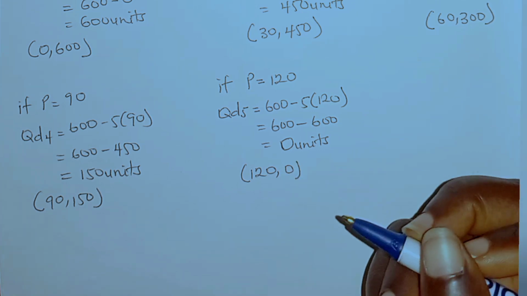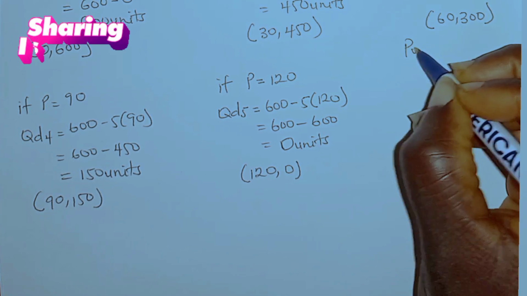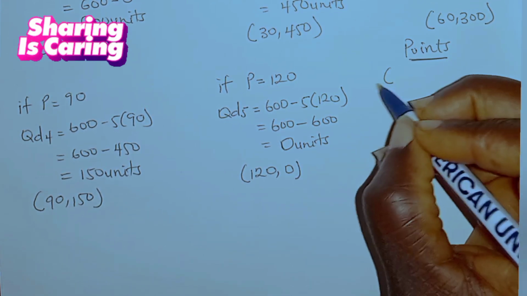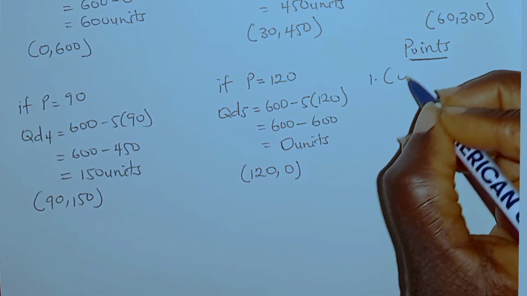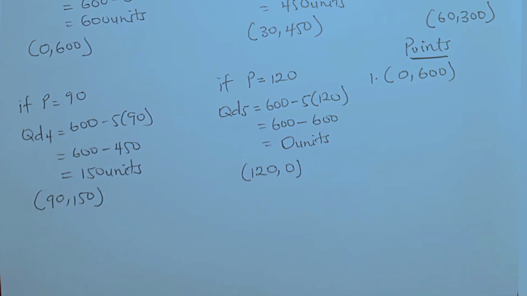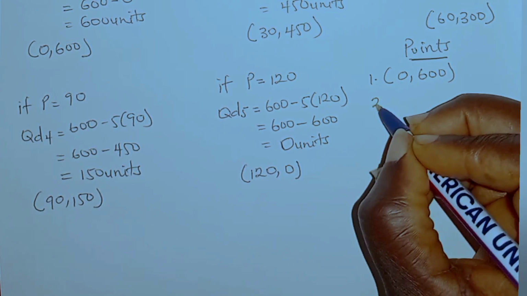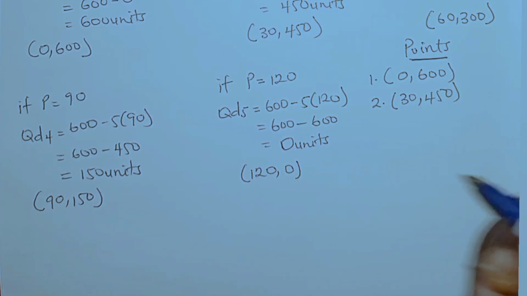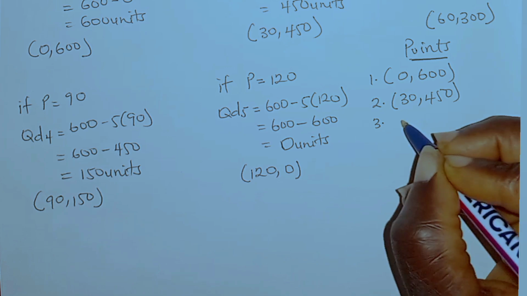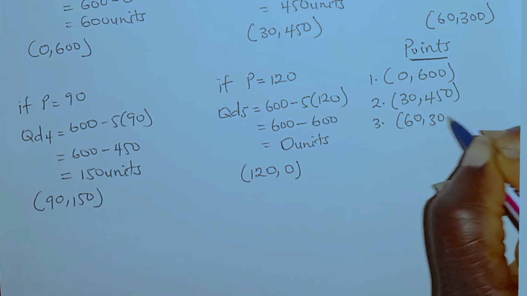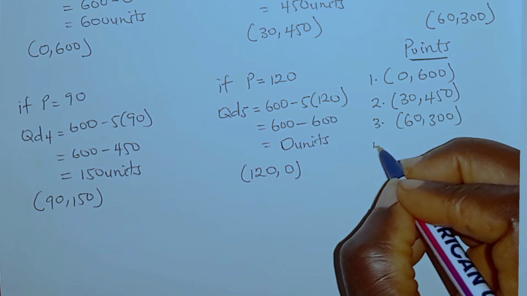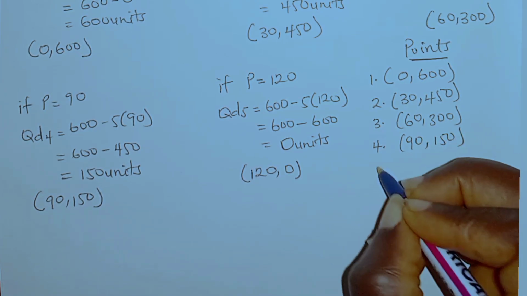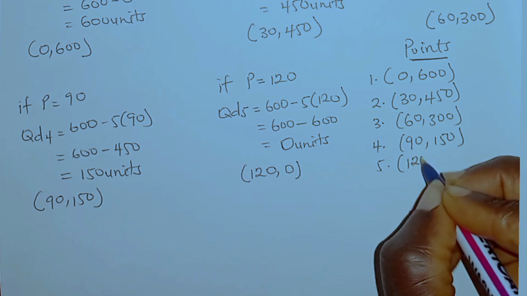I rewrote my points to help me find them easier while plotting them on the curve. Our first point is 0 is to 600, 30 is to 450, 60 is to 300, and our fourth point is at price 90, quantity is 150, and at price 120, quantity is 0.